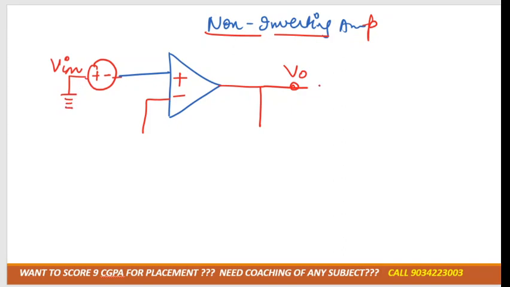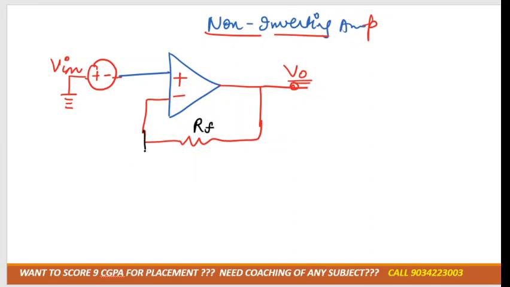Okay, another terminal is the V output, which is denoted by V naught, right? In this also we'll take a feedback resistance, but from the downward side. In the inverting amplifier we connect the feedback resistance from the positive side, but in this we'll take the feedback resistance from the negative side, denoted by RF.